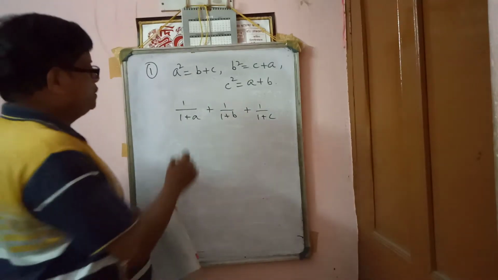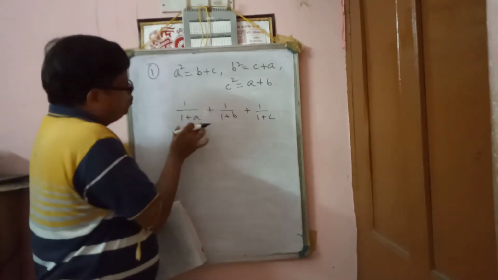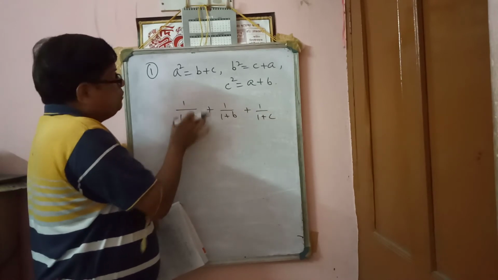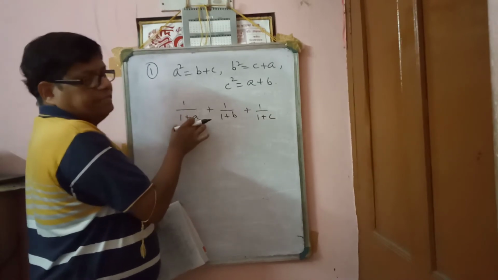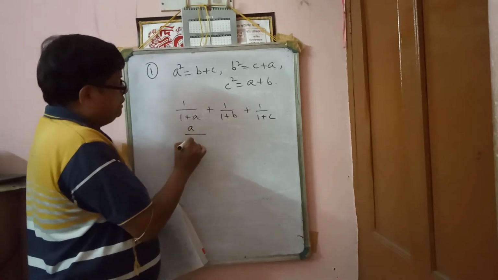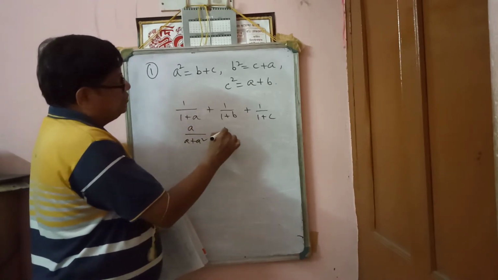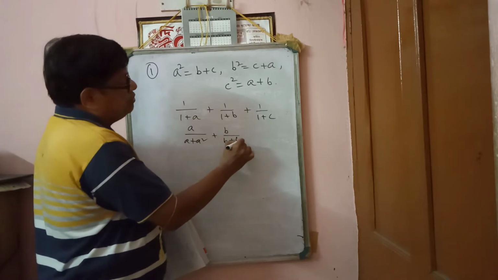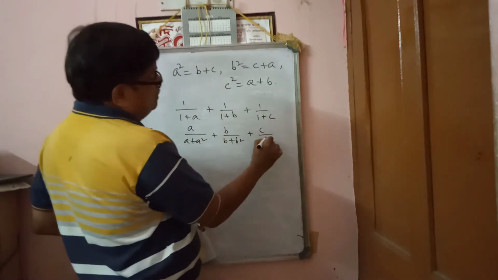See, a square equals b plus c is given. Multiplying both sides by a, we get a by a plus a square, b by b plus b square, c by c plus c square.